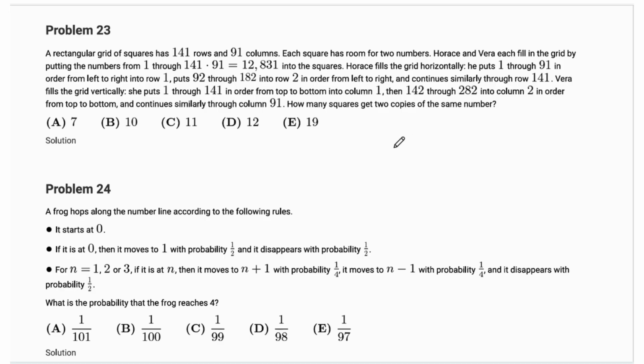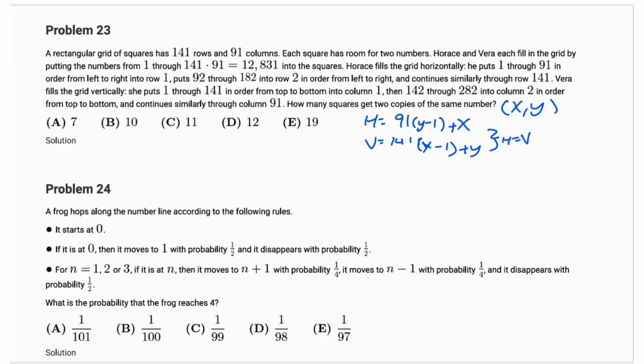So let's say that we have X and Y. So X represents the column and Y represents the row. And so these represent the squares where we have 2 copies of the same number. And so Horace's number would be 91 times (Y minus 1) plus X. And Vera's number would be 141 times (X minus 1) plus Y. And so we would equate these, and these two are equal.